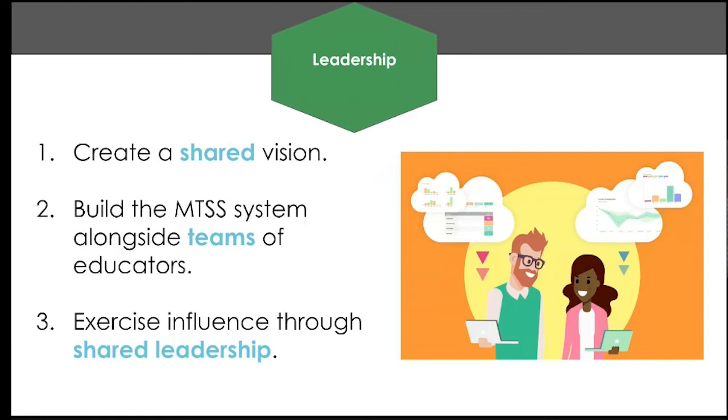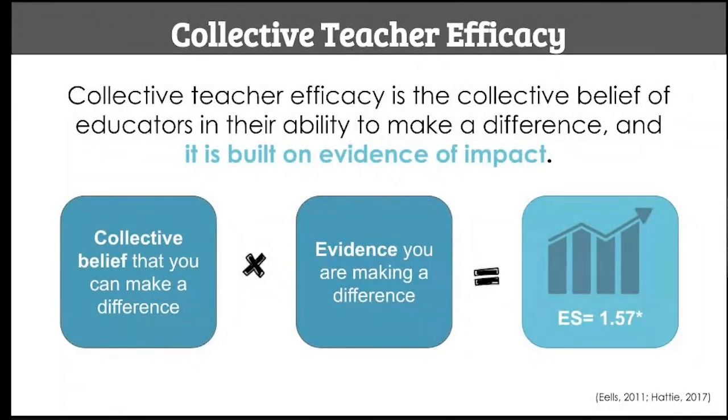It's important for leaders to create a shared vision to build the MTSS system alongside teams of educators and to exercise influence through shared leadership. Success is bolstered by collaboration and the belief that together, administrators, faculty, and students can make a difference. And this is the power of collective efficacy.